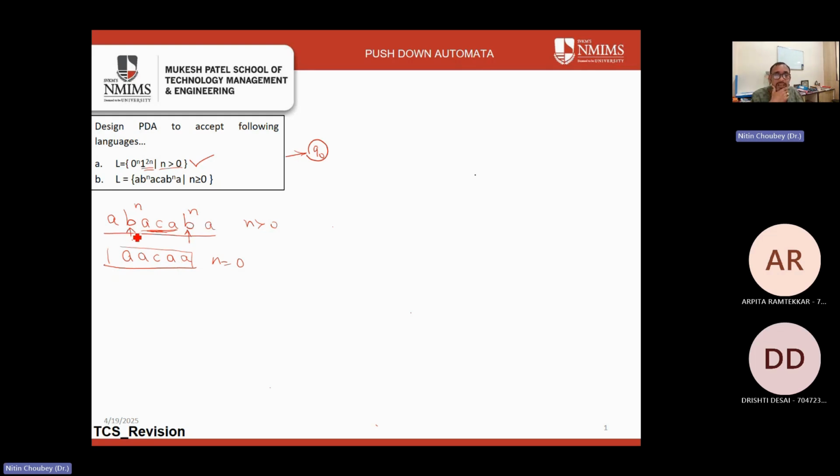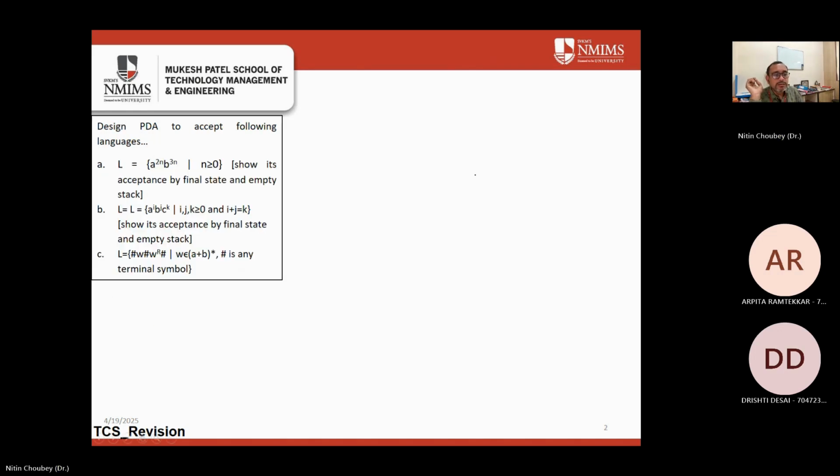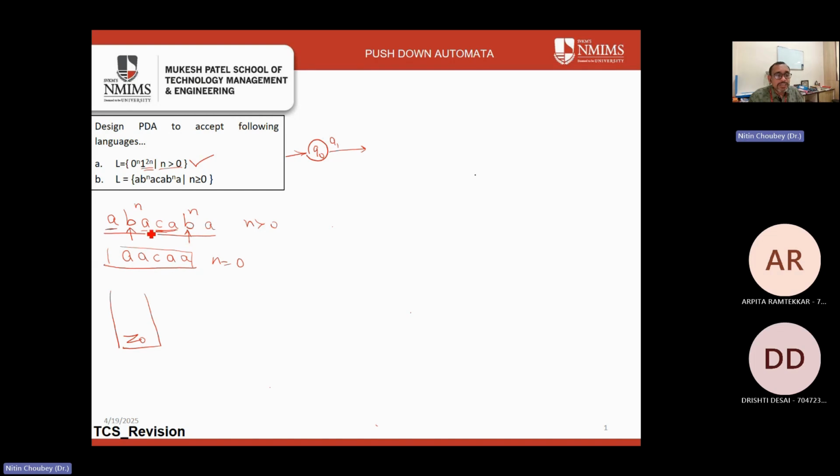Our input is a single A, followed by B. Initially on the stack top we will have Z0. It doesn't matter whether we count this A or not, because we know that there exists a fixed number of A's here, like one A here, one A here, followed by single A, single C, single A. We can do multiple transitions for this simply, and we simply have a loop for this B. We'll say A comma Z0, keep Z0 as it is.